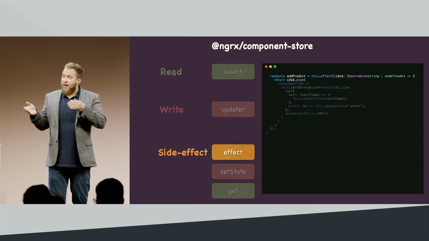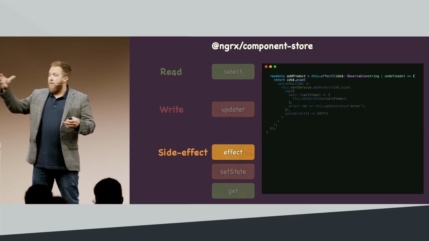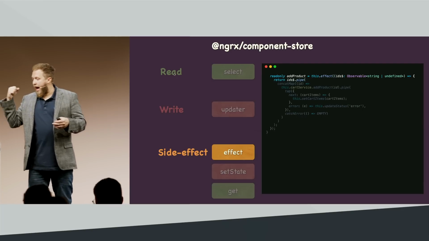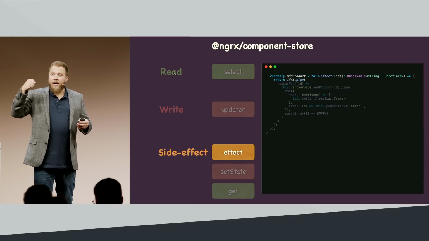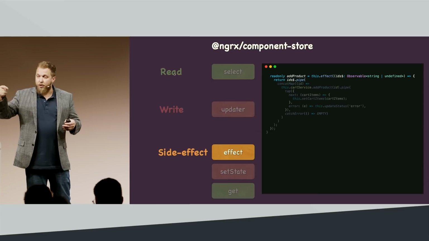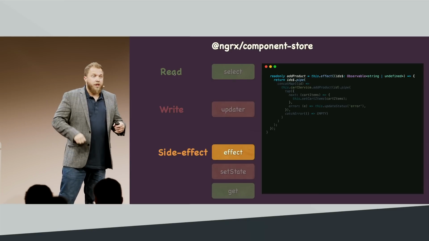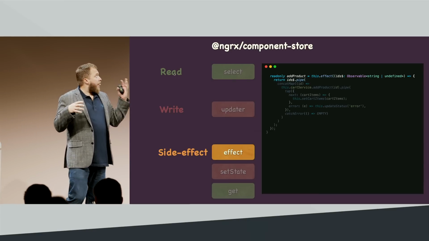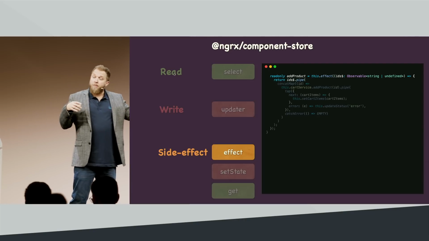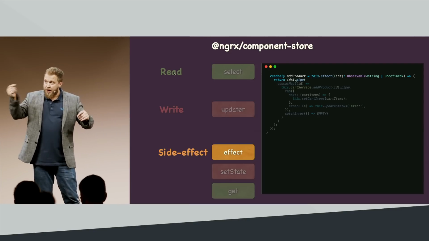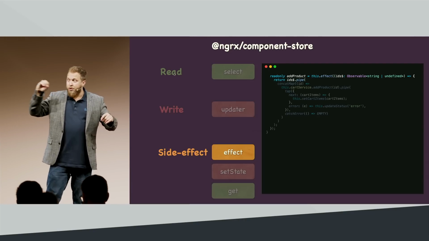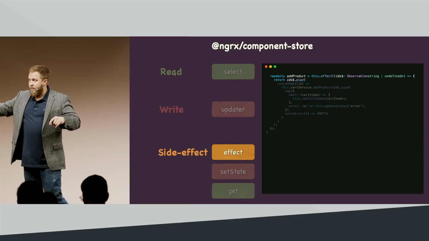Effect is like the updater. It's also a callable method, basically. So addProduct will take product IDs. So you can call it with a single ID every time. What it will do is turn it into an observable of IDs. So every time you call it, it will push a new value into that observable, right?